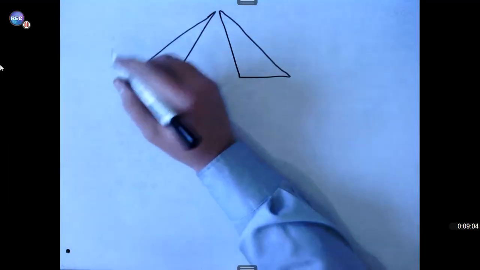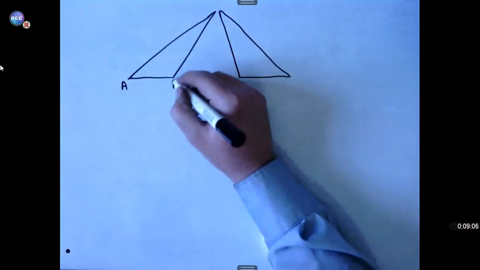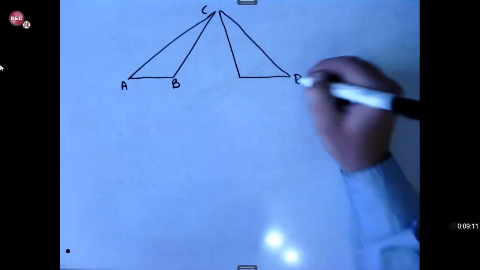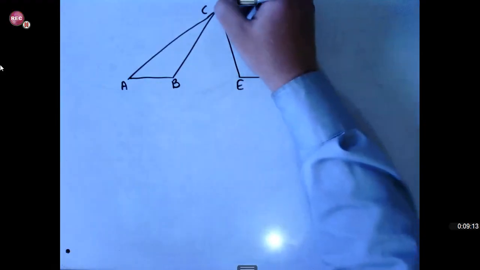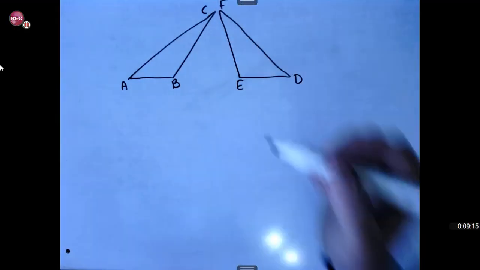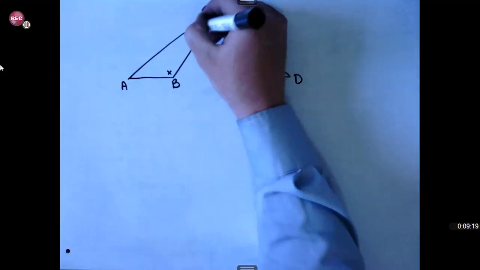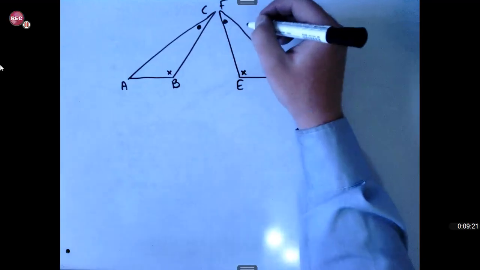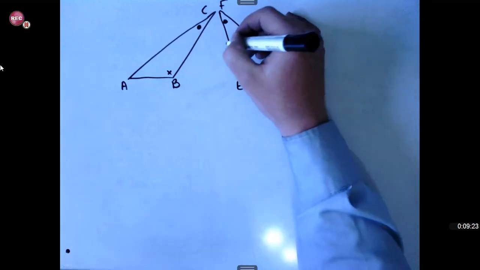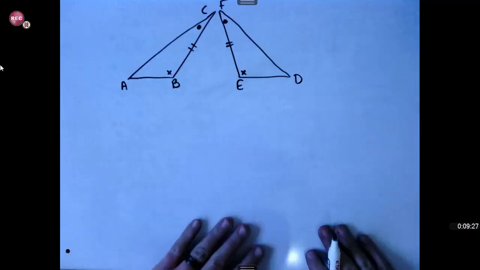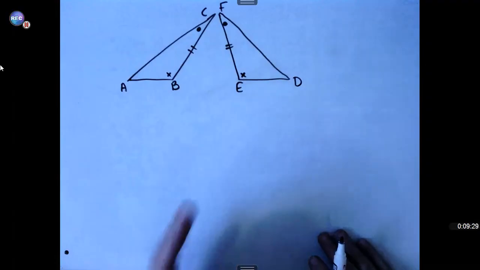Then this triangle we'll call A, B, and C. And this triangle over here would then be D, E, F. And then we'll have indications over here, over there, here's a dot, there's a dot, and then we've got the two indications over there.